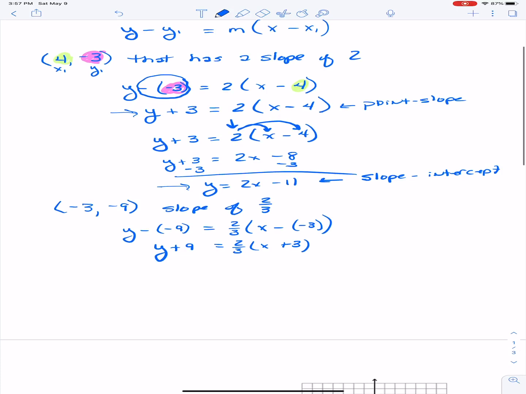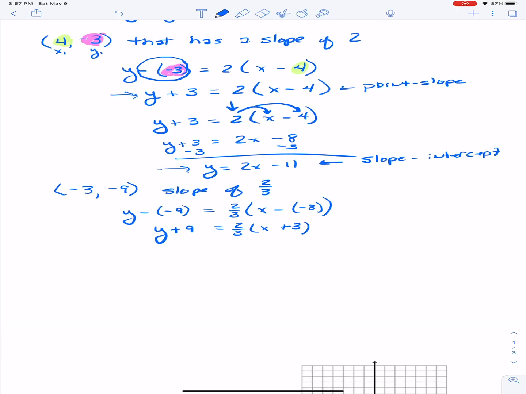Now, let's do one more. Let's look at the point 0, 2, and we have a slope of 2/5. Again, let's go ahead and write our y minus, well, our y1 is 2 equals 2/5 of x minus 0.